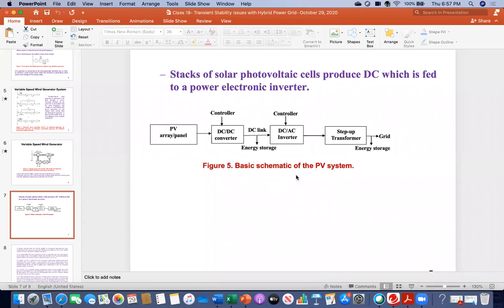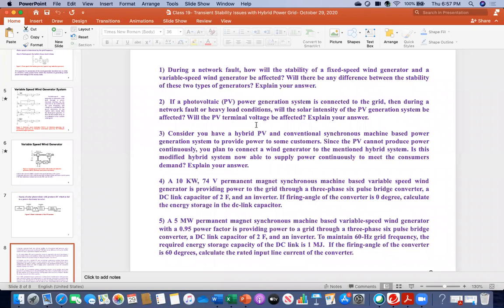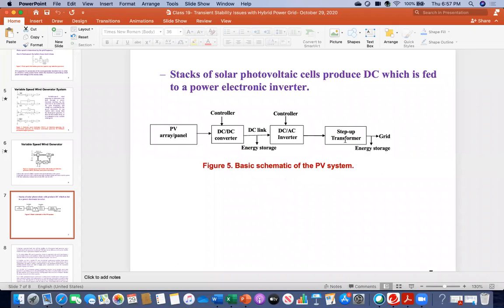Thank you. So everybody, not only the PV terminal voltage as I said here, actually everywhere will be affected. All are connected together and interrelated. If something happens, this point will be affected, the impact will go here, then here, and then here. So definitely the impact will go until the terminal.